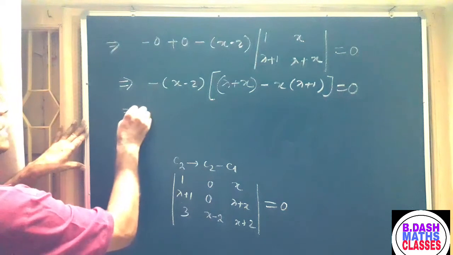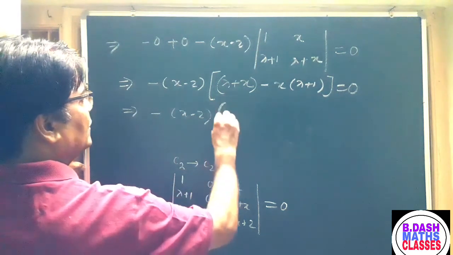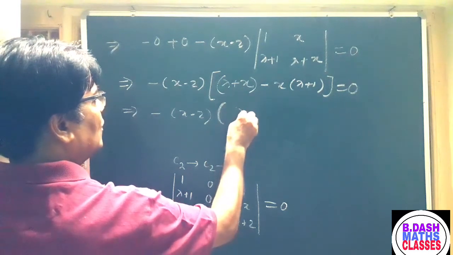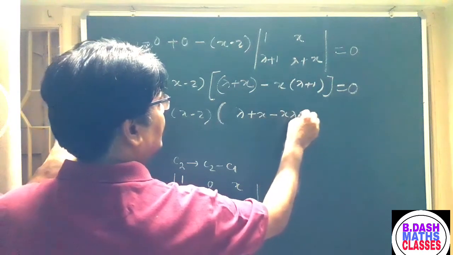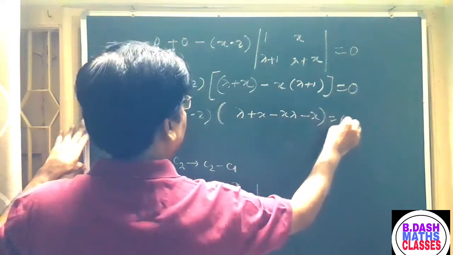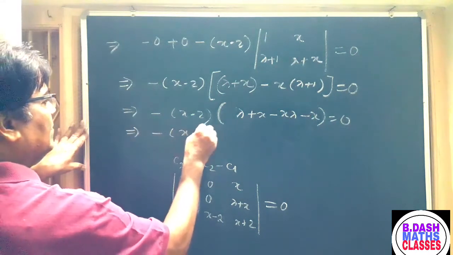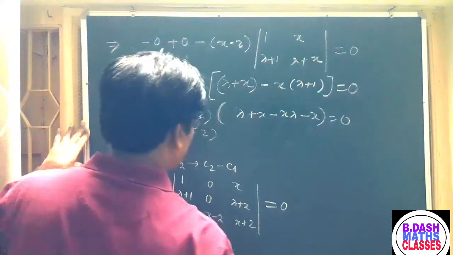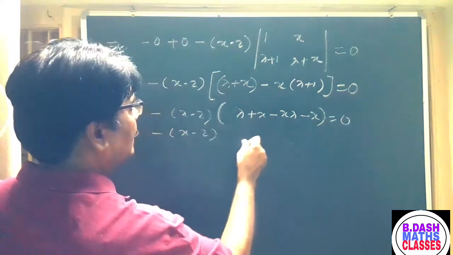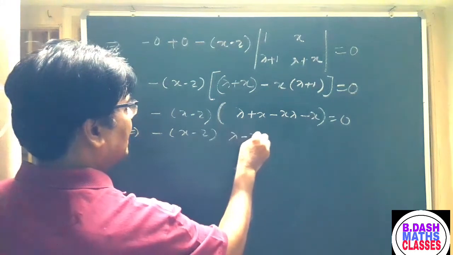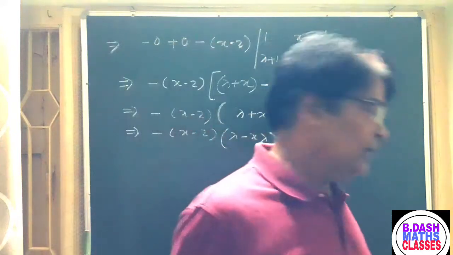This implies minus of (x minus 2) times (lambda plus x minus x lambda minus x) is equal to 0. This implies minus (x minus 2), here it will be lambda minus x lambda, is equal to 0.